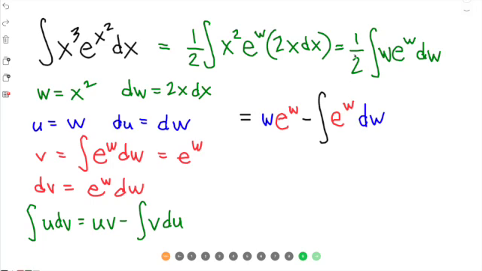Okay, so our answer is 1/2 of that. Let me write that down in black this time. So that would be equals w e to the w minus the integral of this, which is just e to the w, and we need to take 1/2 of that. So our answer would be all of that over 2. Of course, don't forget the plus c.